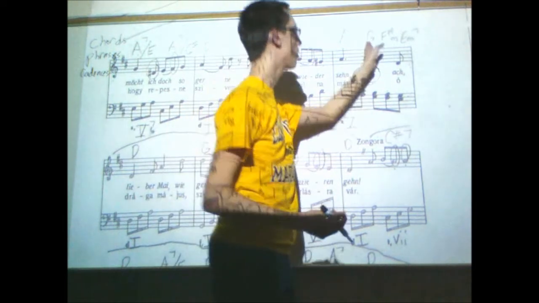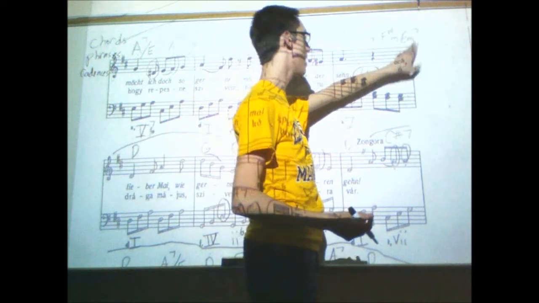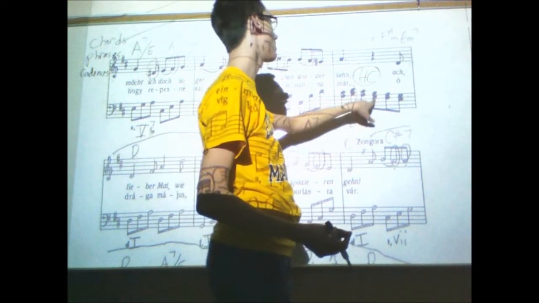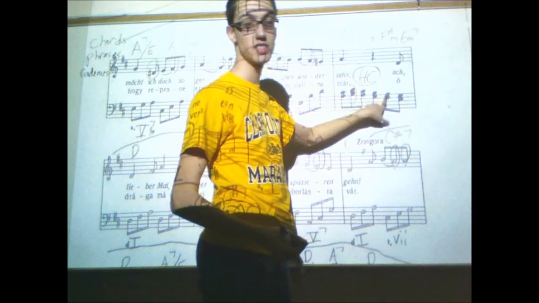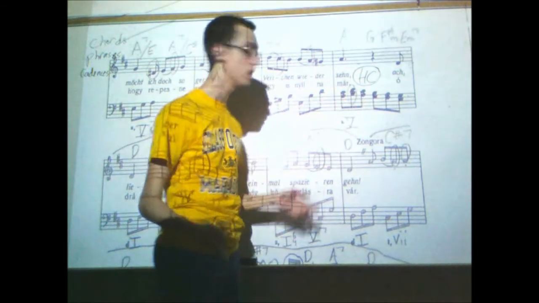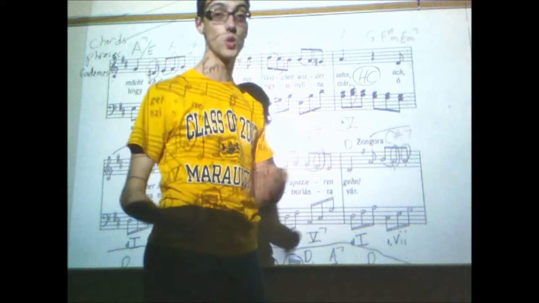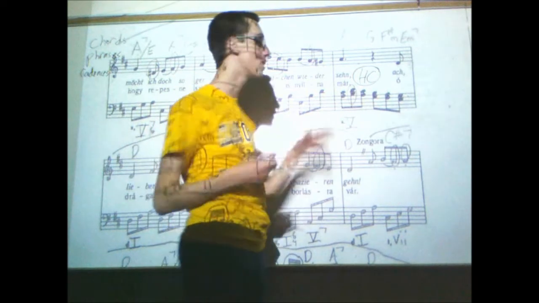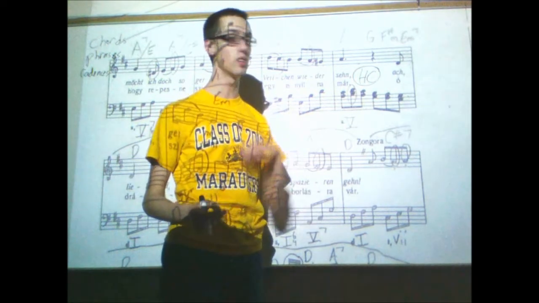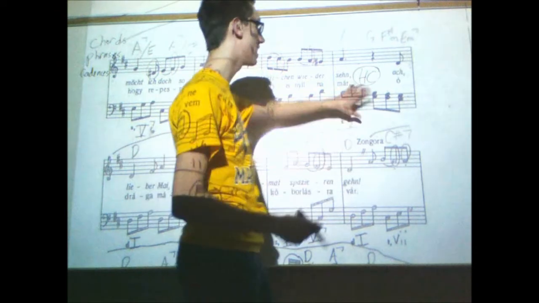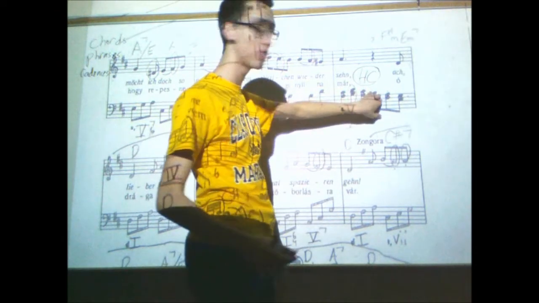Coming down here, I wrote G, F sharp minor, E minor 7th, because those are the thirds. For a chord, if you have the first and the third, you have a quality of a chord. So you can actually state a chord. You don't know the third note, but you can infer what the third note is.